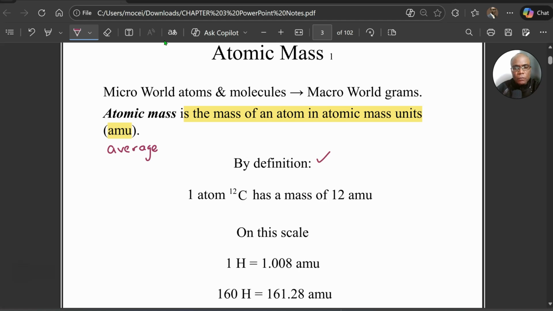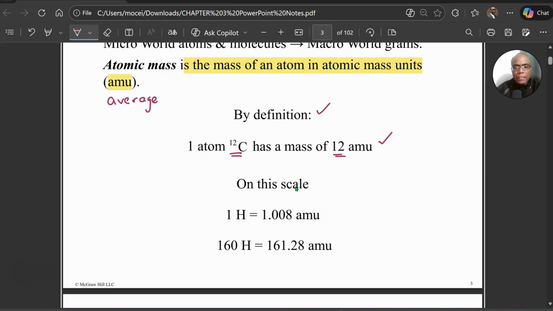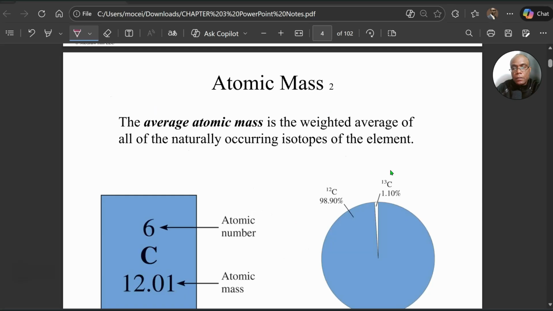So by definition, one atom of carbon 12 has a mass of 12 atomic units, and then other elements will be compared to this. So on this scale, one hydrogen will have an atomic mass unit of 1.008, and 160 hydrogens will be 161.28 atomic mass units. Just taking this number and multiplying by 160 should give us that.